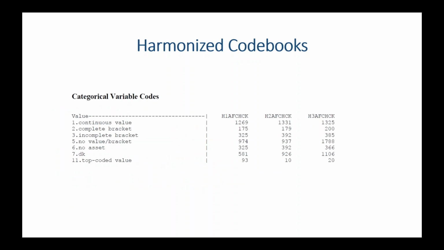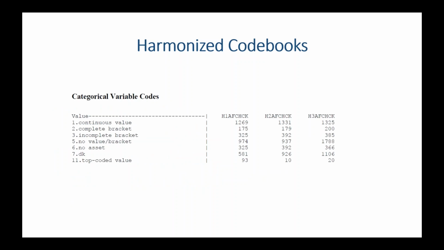So this flag variable lets you know whether this value was created from what we call a continuous value, which is a reported value, or a 0 value was assigned because the person said they didn't have the asset, or the value was imputed because we were just missing the values.